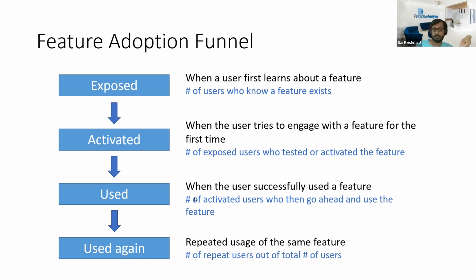Each number you can express as a percentage of the number above it. And then used again. This is nothing but the repeated usage of the same feature, that is, the number of repeated users out of the total number of users. So these are the basic set of metrics that you will use to measure feature adoption, the funnel metrics.